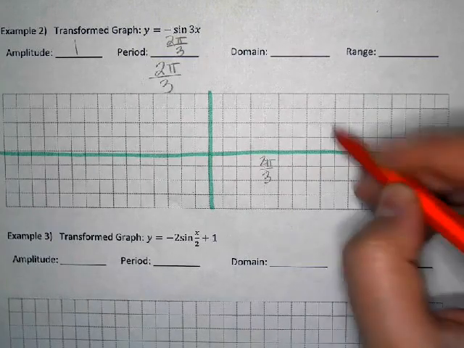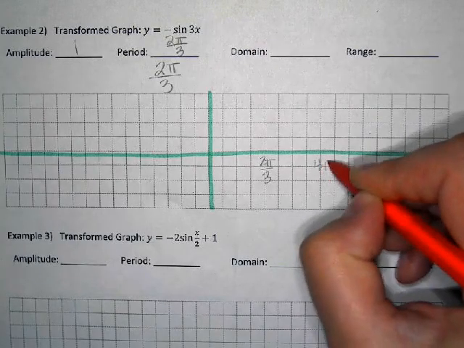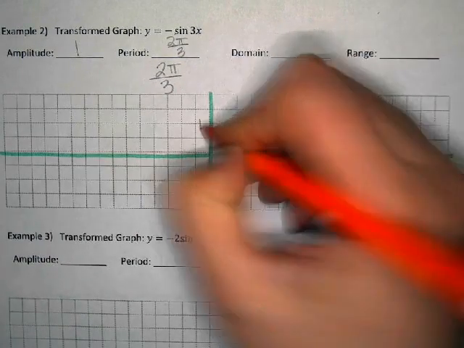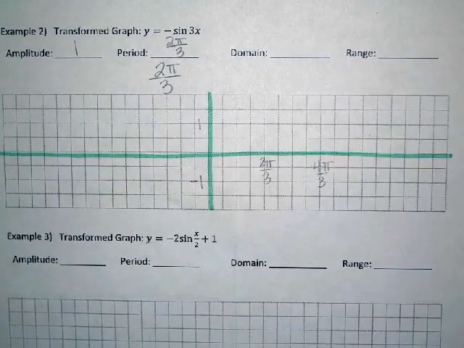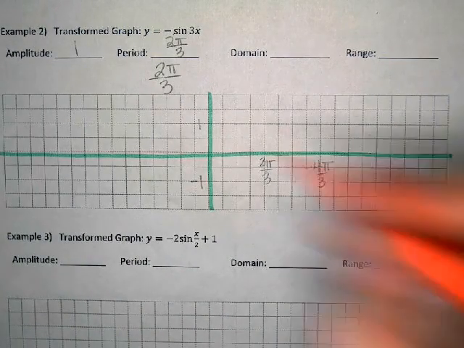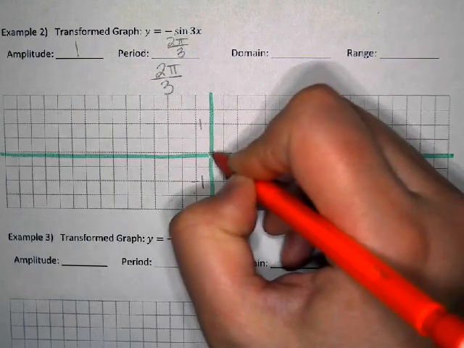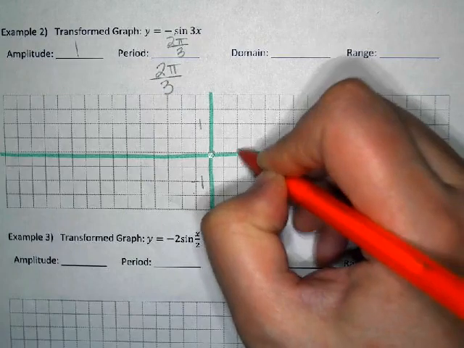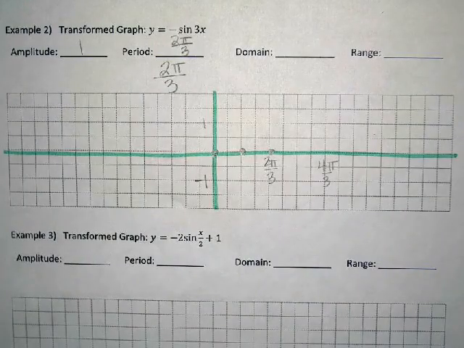All right. Amplitude of 1, so I'm going to put my markings the same over here. We're going to do the same that we did last time. We're going to start at 0, end at 0, and hit 0 in the middle. Now the normal thing to do between the first 2 points is to go up to 1.